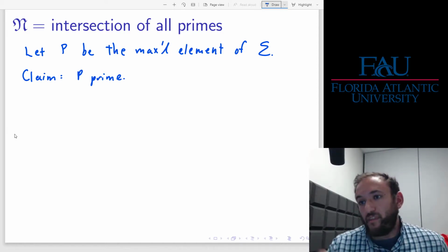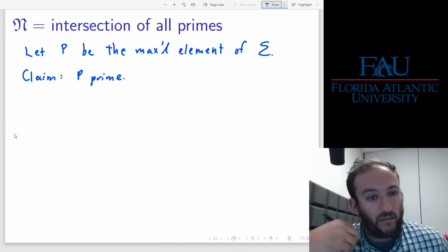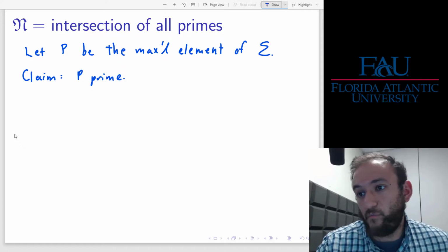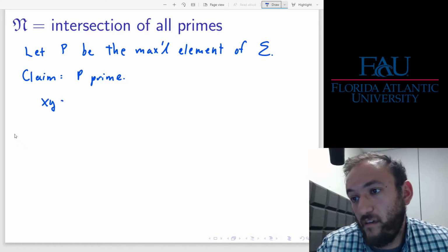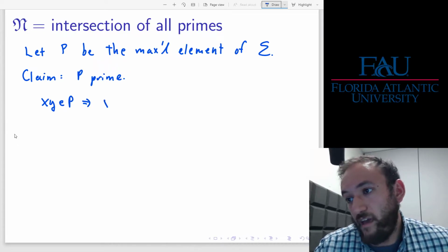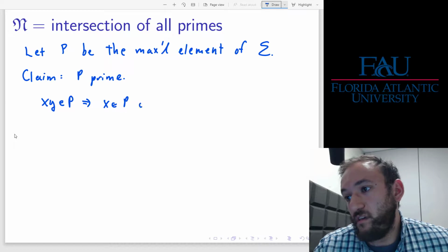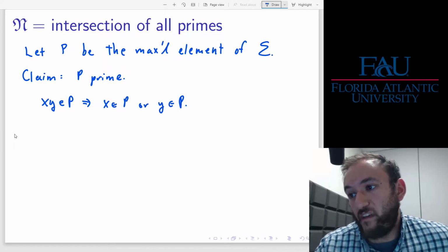And the way we're going to show that, we'll use the contrapositive version of the primeness condition. So we know that in general, primeness is given by, if xy is in P, then that means that x is in P or y is in P. So we're just going to flip that around.